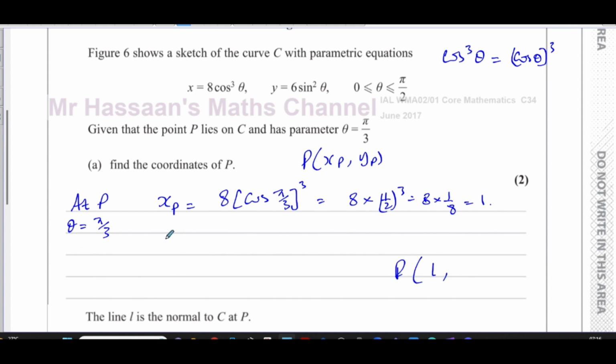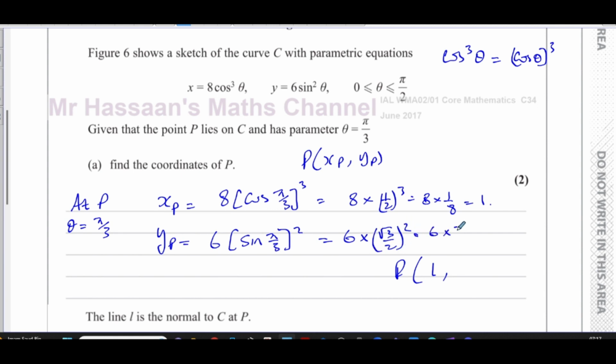And the y coordinate of P is given by replacing theta with pi over 3. So you have 6 times the sine of pi over 3, squared. The sine of 60 is root 3 over 2, so that's 6 times root 3 over 2 squared, which is 6 times 3 over 4.